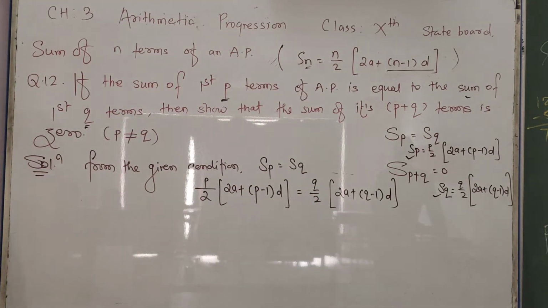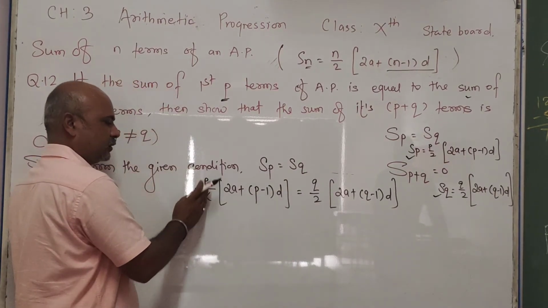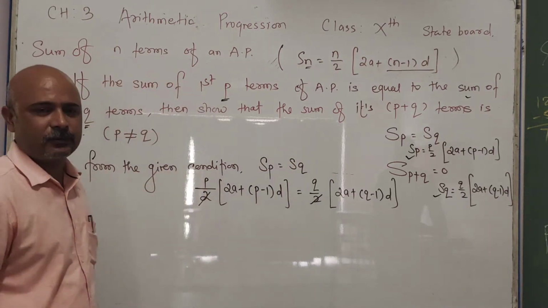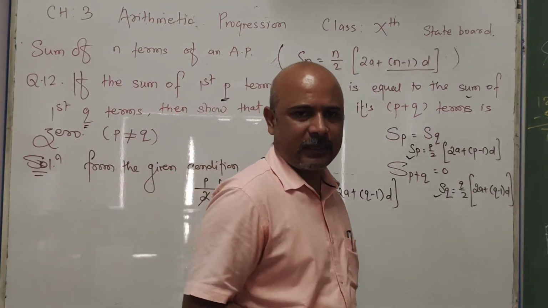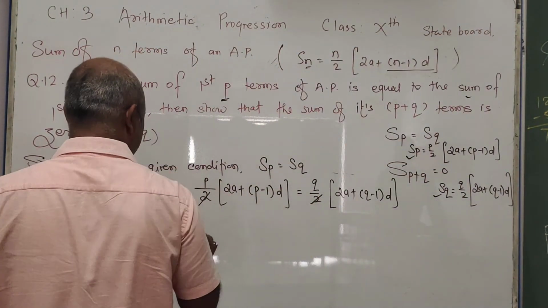Now you will cancel this 2 on both sides. This is 1 upon 2, and this is also 1 upon 2, so the 2 and 2 will cancel out from both sides.